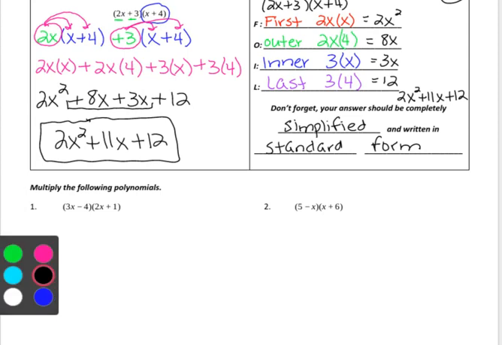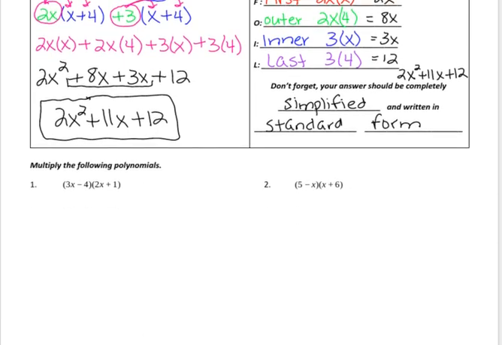All right, so in this first example, we're going to do it with FOIL. So FOIL means take the first two pieces and multiply them. So we're going to do 3x times 2x. All right, and then the O stands for outer. So 3x and positive 1.